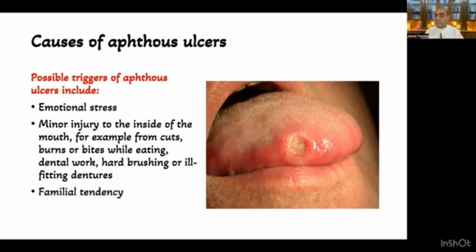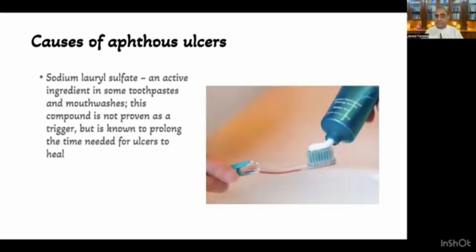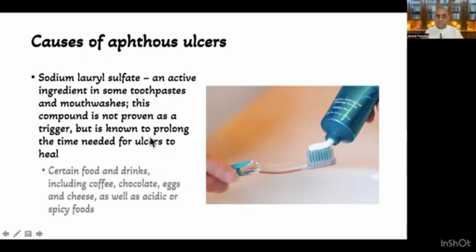And as I said before, there may be a familial tendency. Sodium lauryl sulfate is an active ingredient in some toothpastes and mouthwashes. This compound is not proven as a trigger, but is known to prolong the time needed for ulcers to heal. So this is one of the associations.